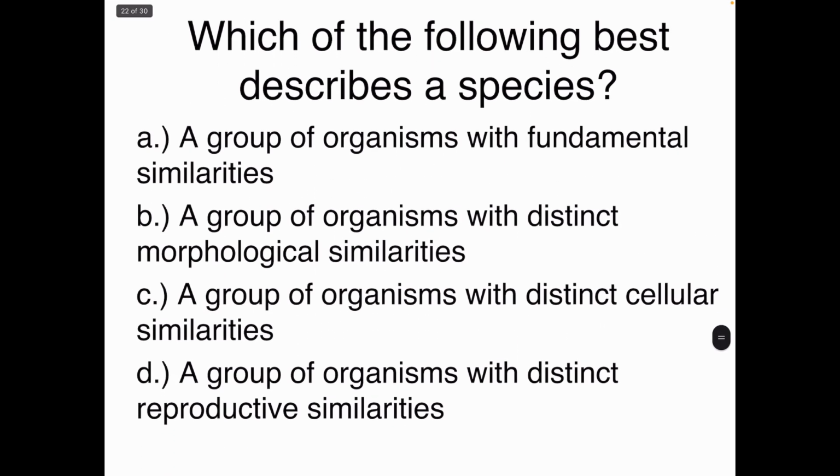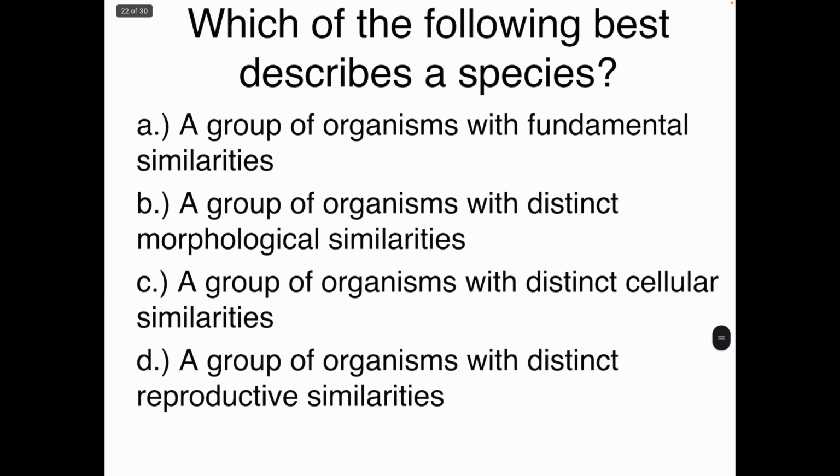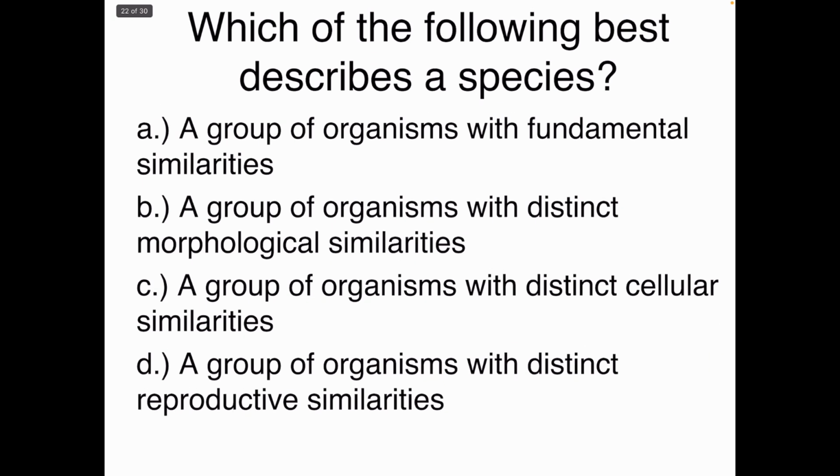Coming to our discussion part. If you look at our options here, we have studied in the previous lectures that to put an organism into a category called species, it has to have some fundamental similarities.